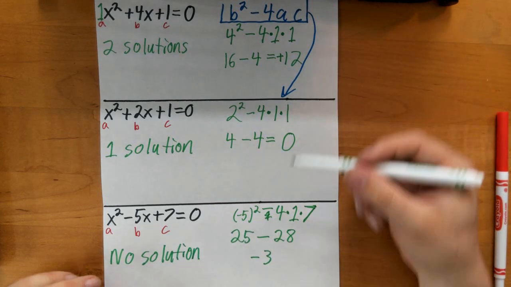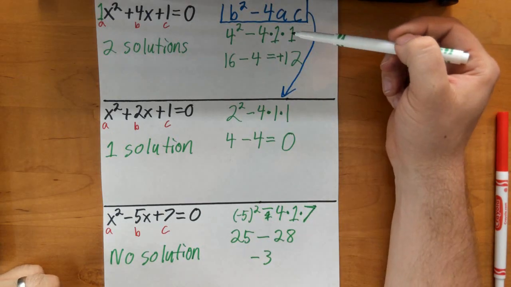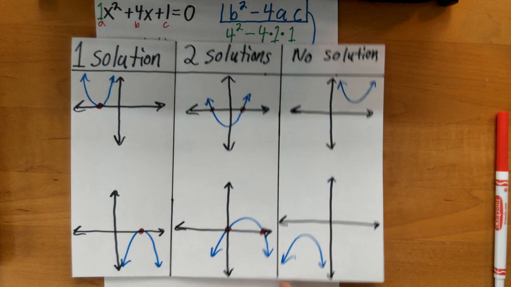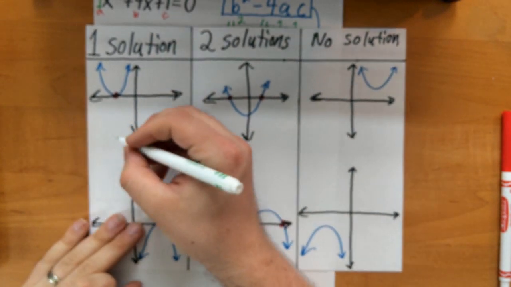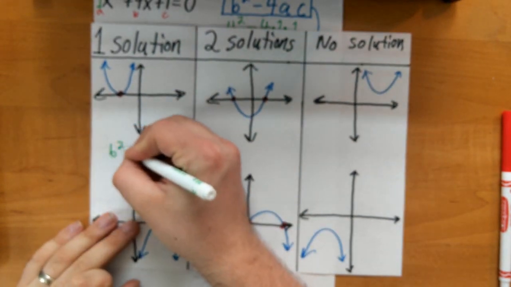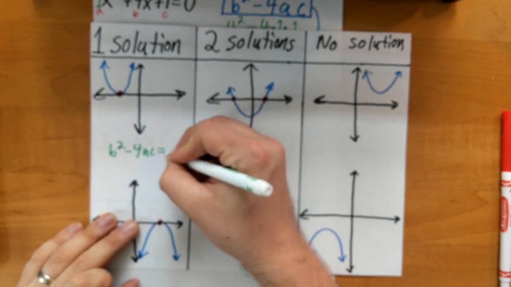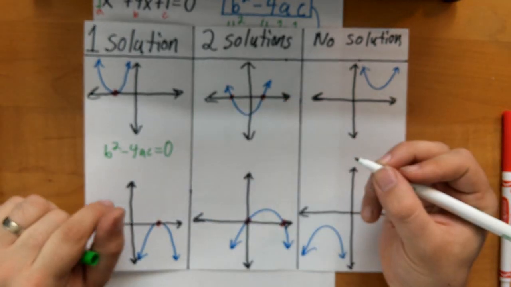So in each of these, we're using the same expression, plugging in our a, b, and c values, and it determines how many solutions we have. Just to review here, right? So if you have just one solution, what that means is for the discriminant, b squared minus 4ac, that if it's one solution, that means the discriminant is equal to 0.